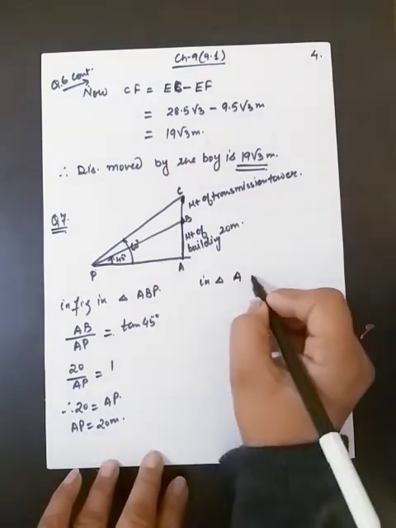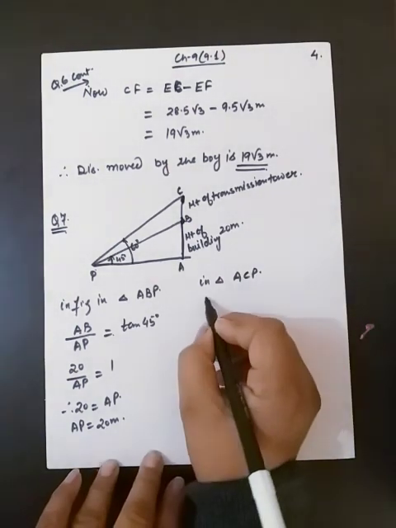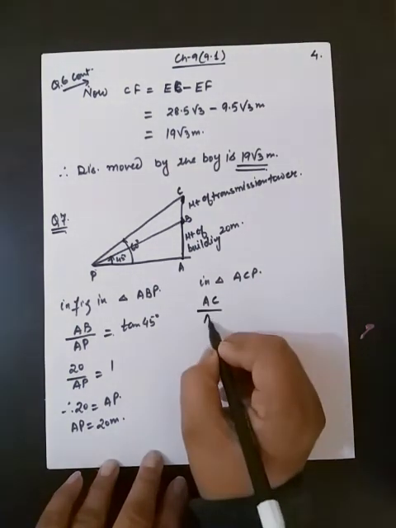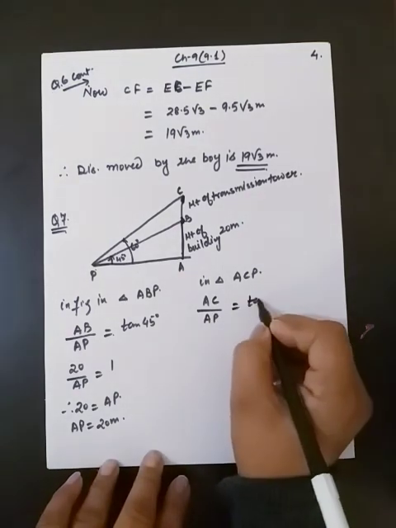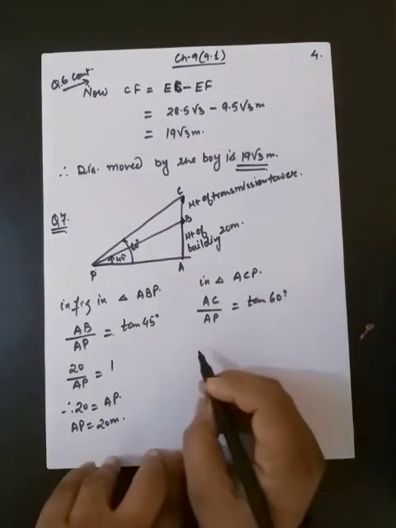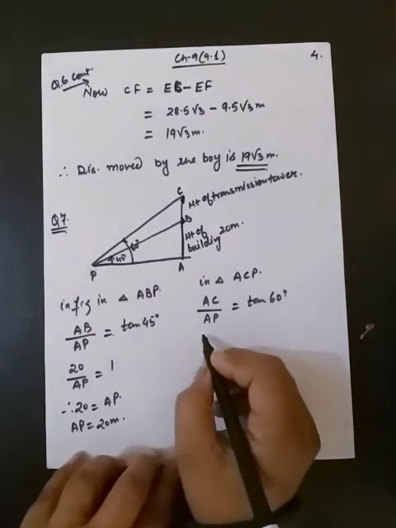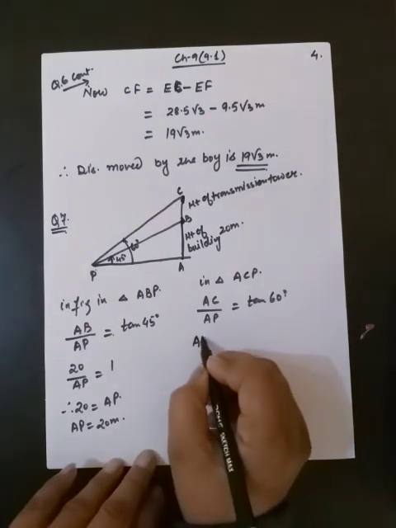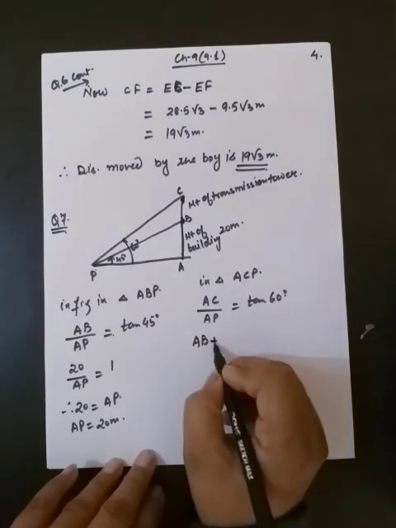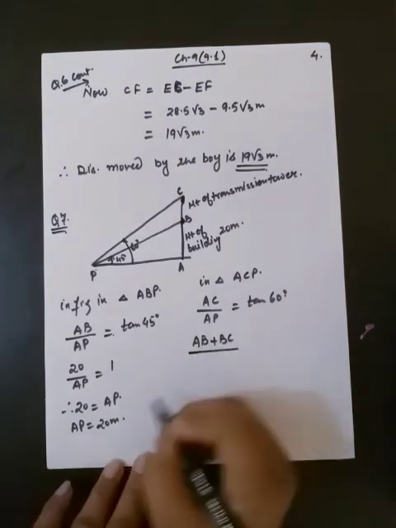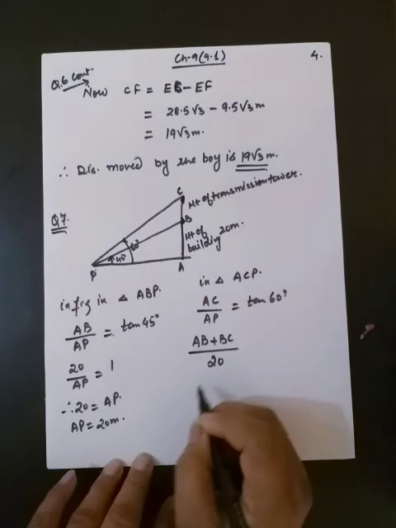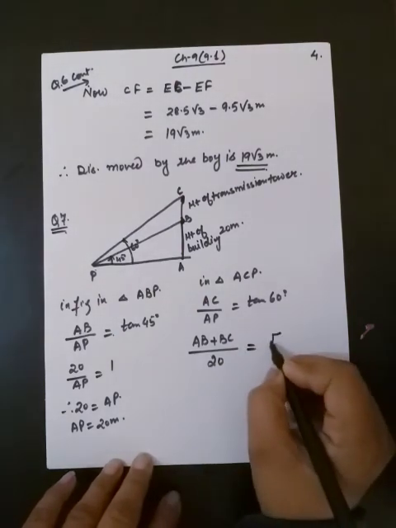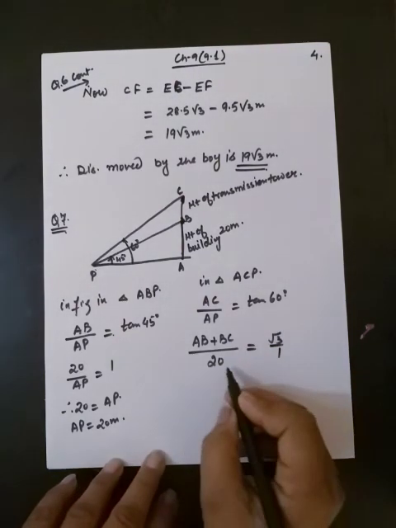In triangle ACP, AC by AP is equal to tangent 60 degree, and AC is not given, but we can split AC in two parts. Suppose AB plus BC, and AP we already found, that is 20 meter, and tangent 60 is under root 3.